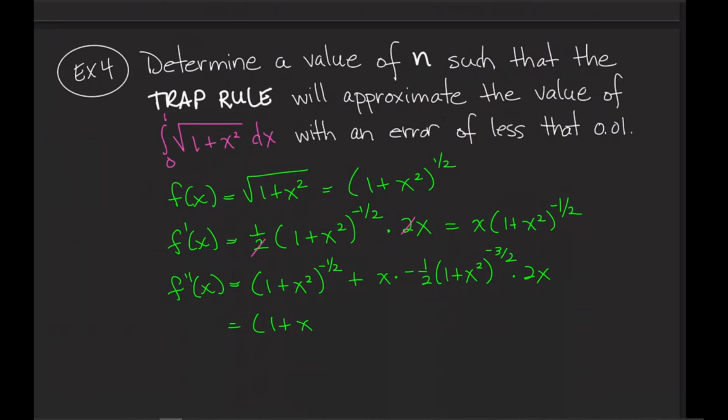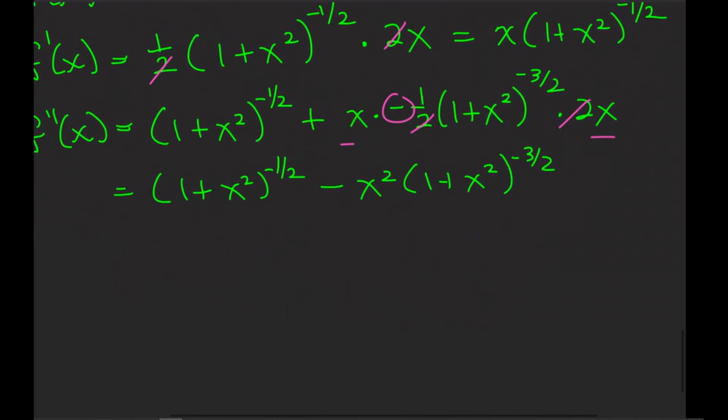So let me just clean up that second term. And I notice my 2's cancel, and then I've got an x times an x, which is an x squared. And I've got this negative here, so that's minus x squared times 1 plus x squared to the negative 3/2.